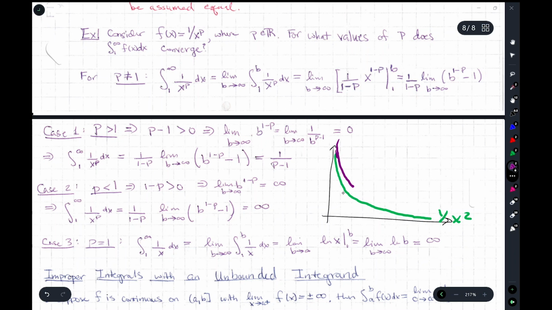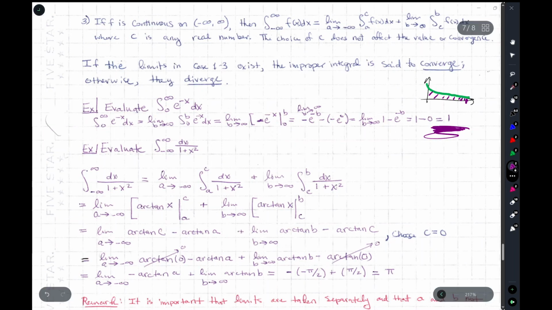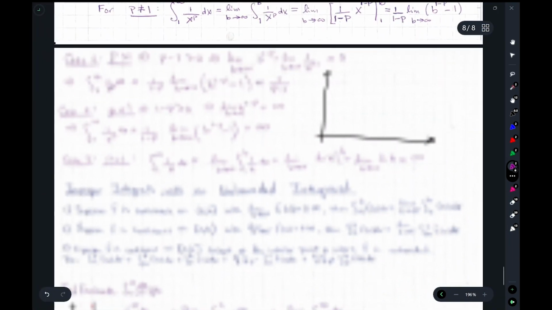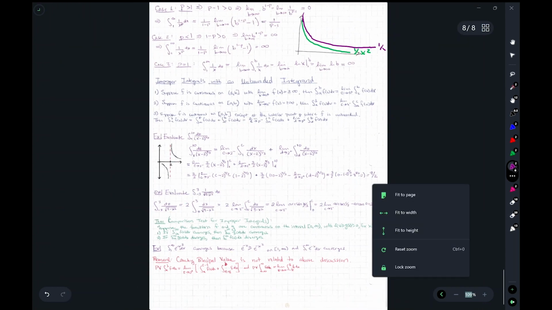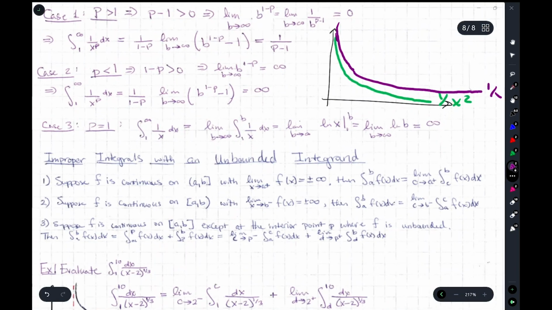They'll actually meet at the value of 1, but it still falls off. Okay, this here will be 1 over x. And we're getting an interesting result.